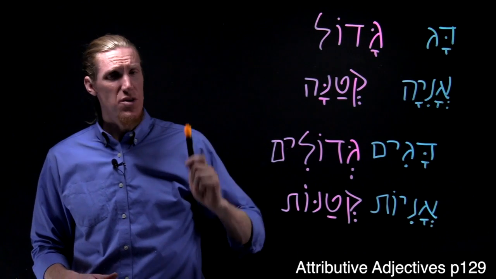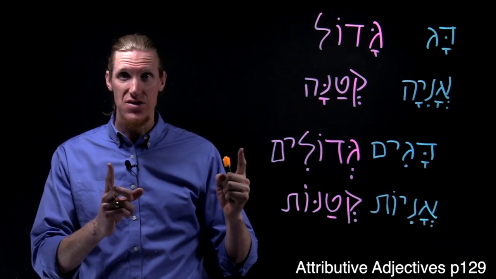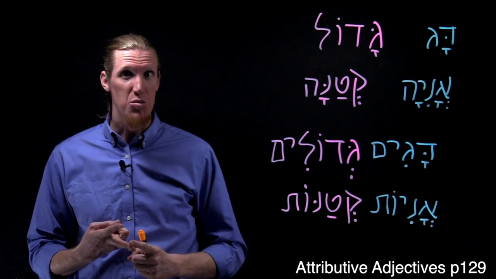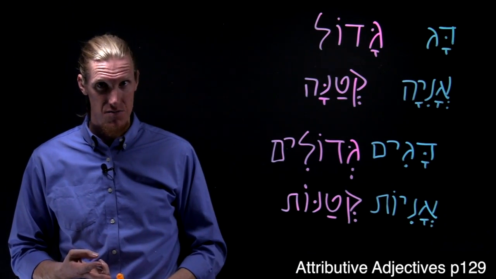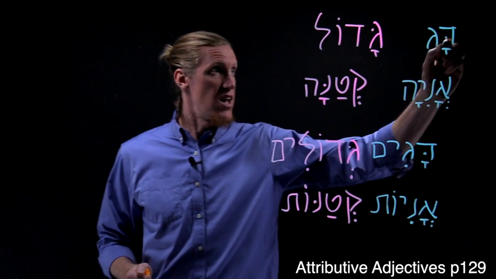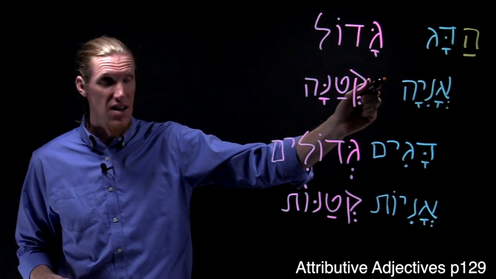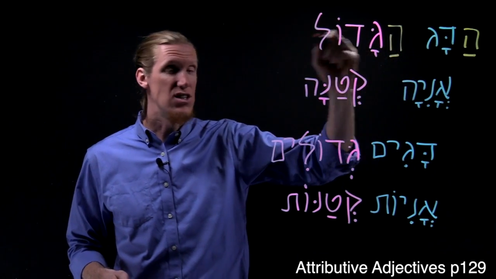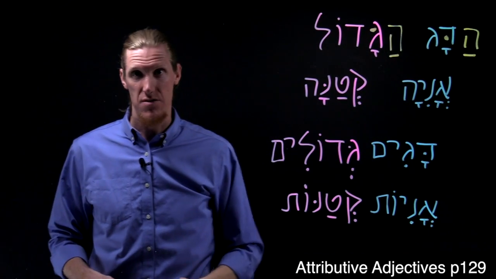And when you deal with attributive adjectives, not only will the noun and the adjective agree with respect to gender and number, but it will also agree with respect to definiteness. So, if hadag is definite, then it would follow that hagadol would have to be definite as well.